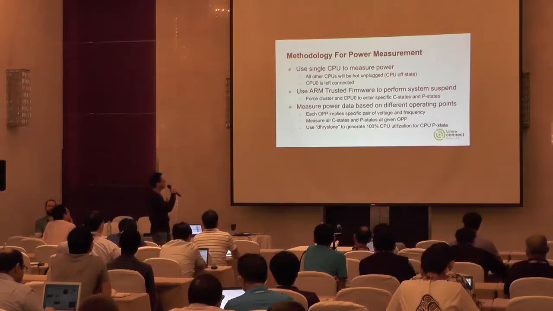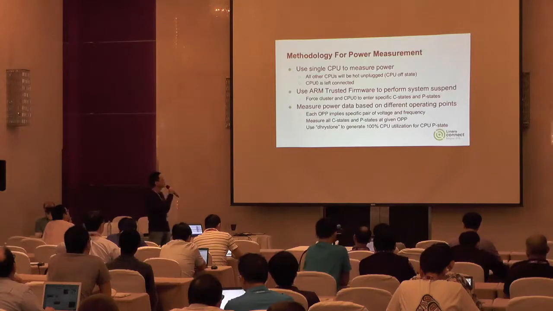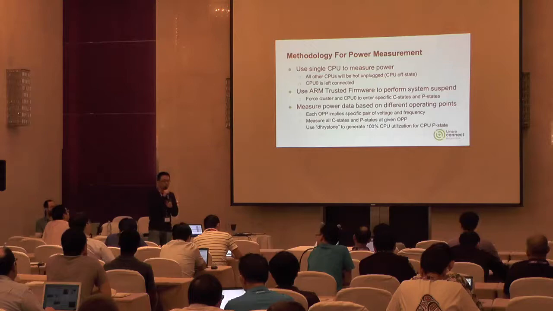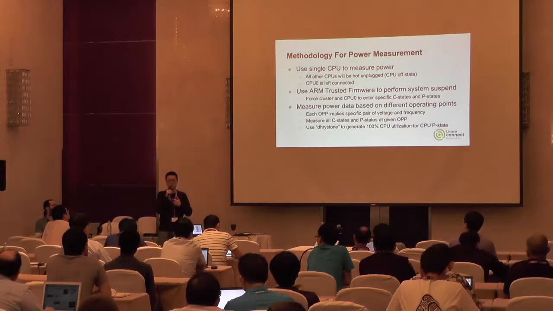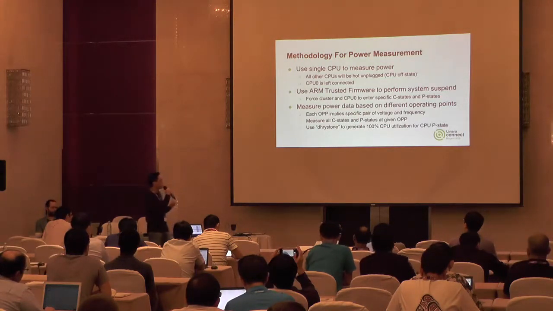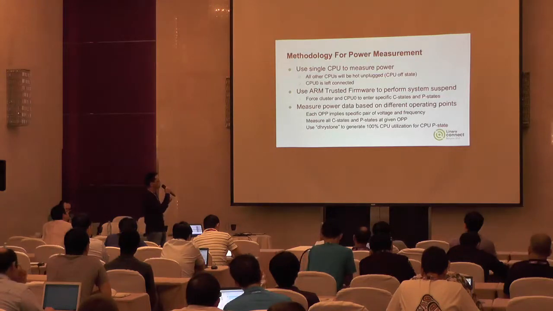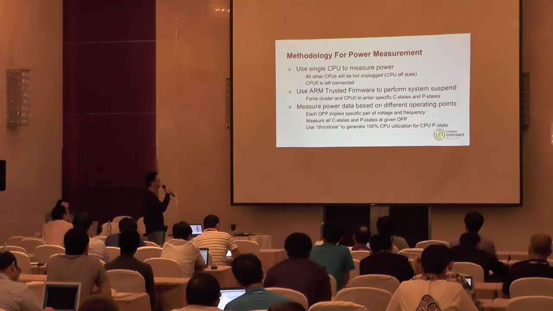The methodology for power measurement is that we use one single CPU to measure the power, because there can be quite different measurement methods: sometimes we can use a very simple Linux kernel, or we can use U-Boot, or we can use bare metal code. But for this case, we use the ARM Trusted Firmware to perform system suspend.